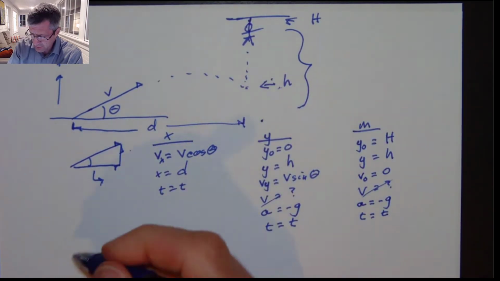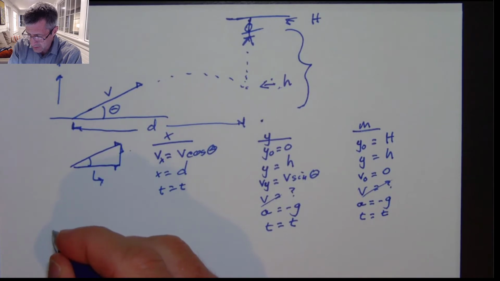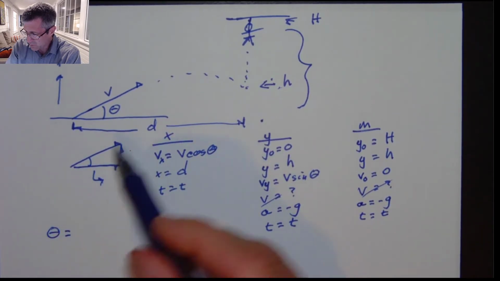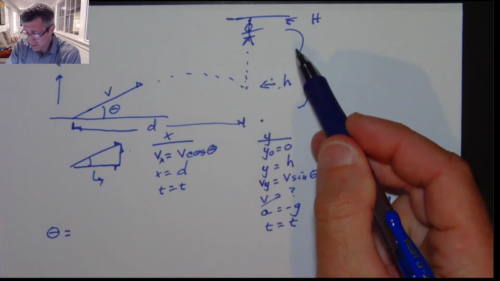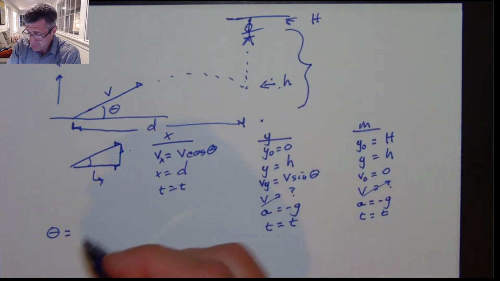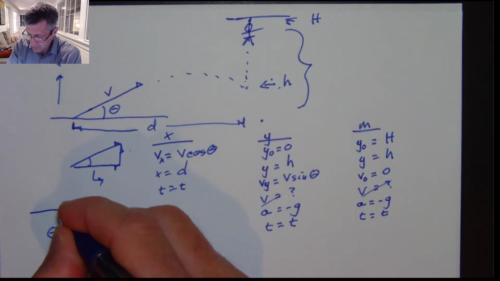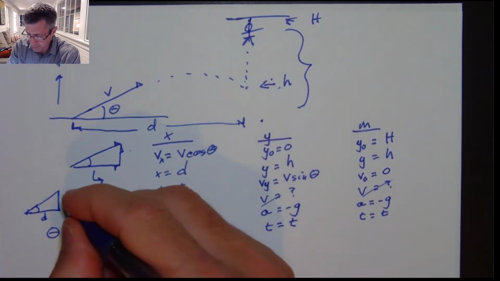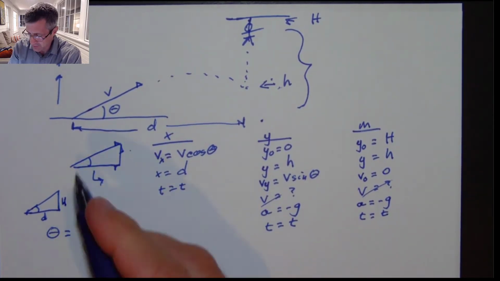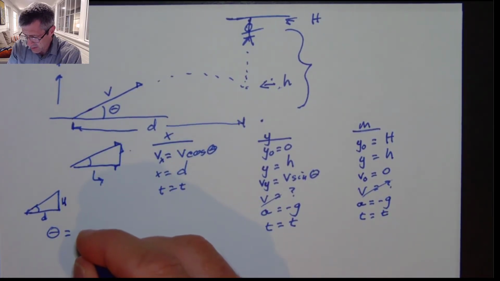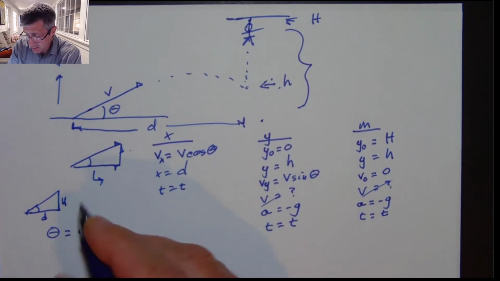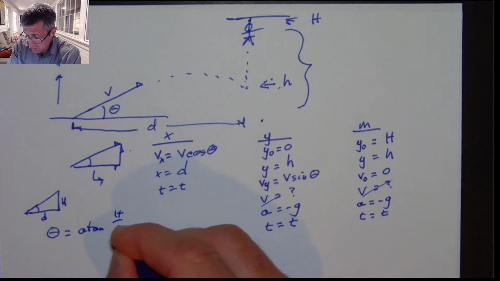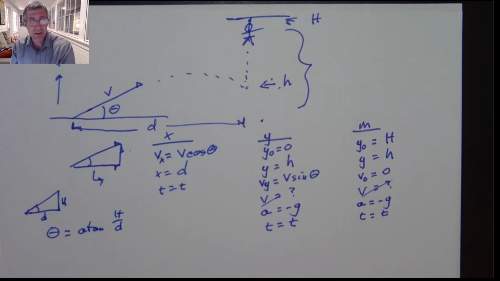So let's think about this. What are we saying? So we're saying this angle, well, what do I have? Two legs of a right triangle, right? So if I draw my little triangle here, this is D and H, so we can write this angle in terms of D and H. That's the tangent, so to get the angle, I'll take the arctangent of opposite over adjacent, so H over D. So this is what we're saying it's going to come out to, right?